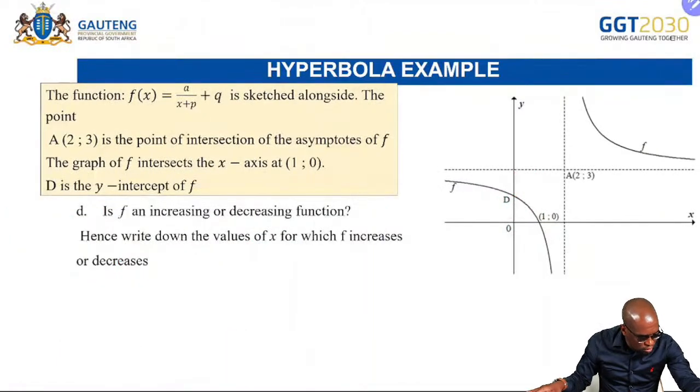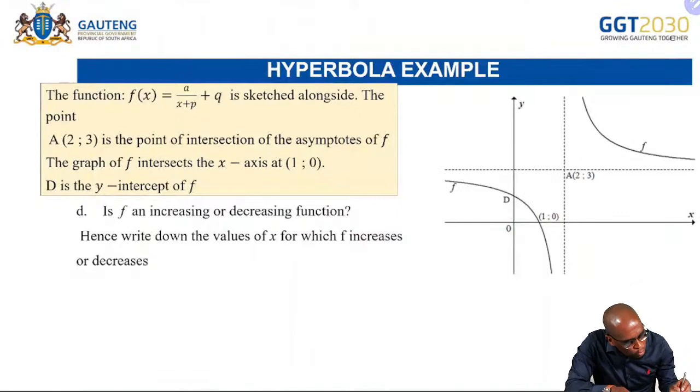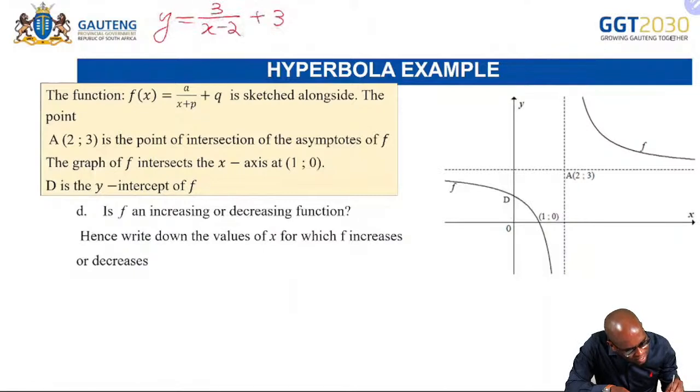Right, moving on with our work, they're now asking us, is f an increasing or a decreasing function? I'm going to start by rewriting the equation, 3 over x minus 2, plus 3, like that.